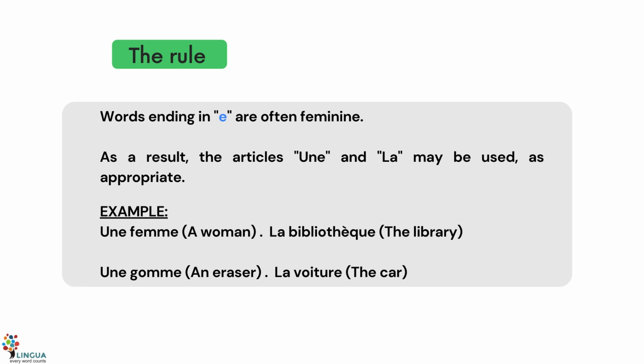Likewise, we also talked about how words that start with a vowel are usually preceded by L and an apostrophe. So you can always play back this and listen to it once again. Well, listen and watch, actually.